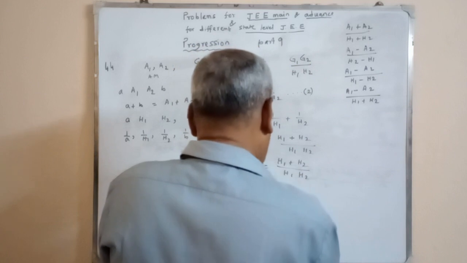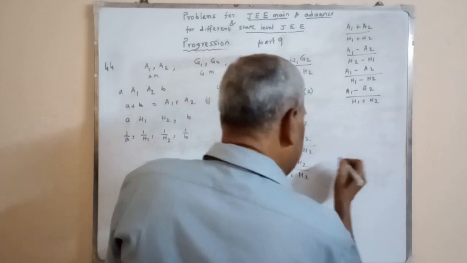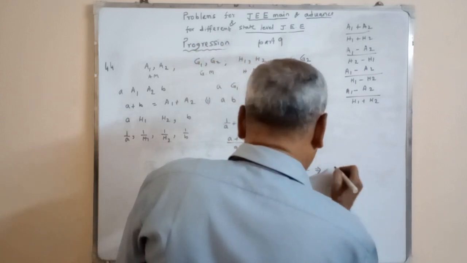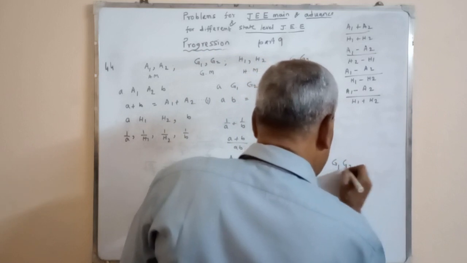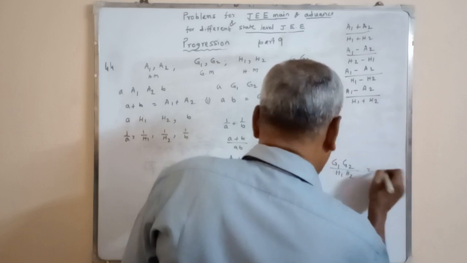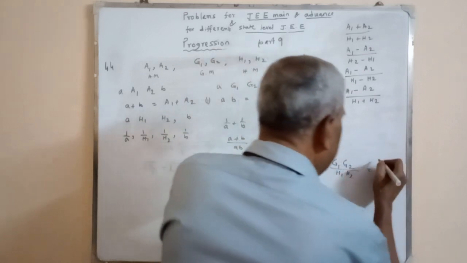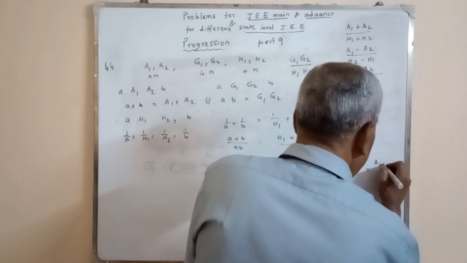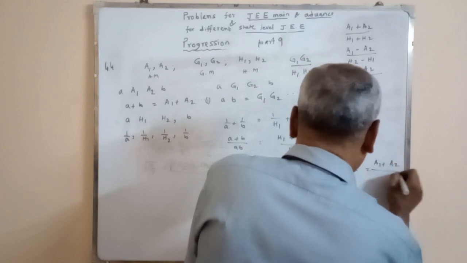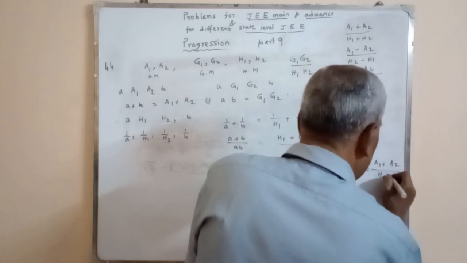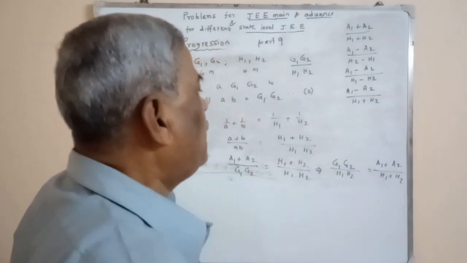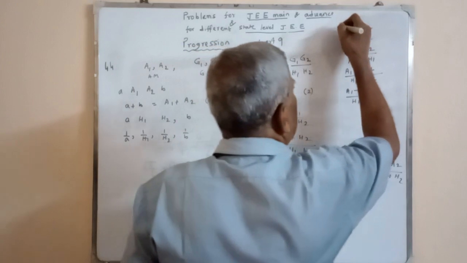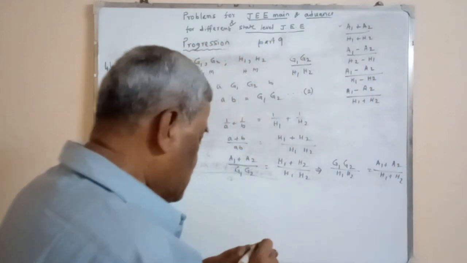How much? So by cross multiplication, from here we obtain G1, G2 by H1, H2 is equal to A1 plus A2 by H1 plus H2. So this is our required answer. So the first option is correct. Option A is correct.